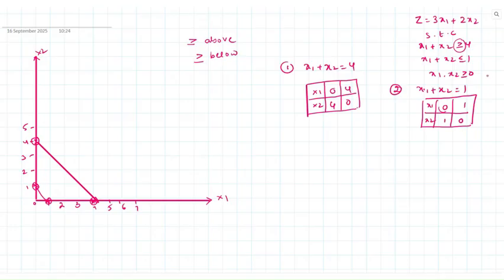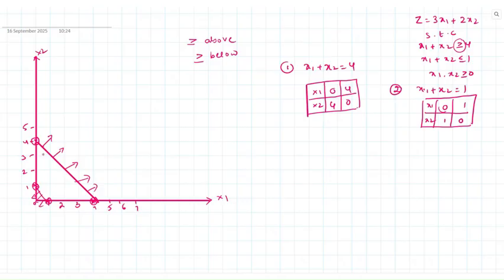The first equation is greater than or equal to, so the feasible region will be located above the line. Whenever we have a less than or equal to, the feasible region will be located at the bottom of the line, so this side it will be.